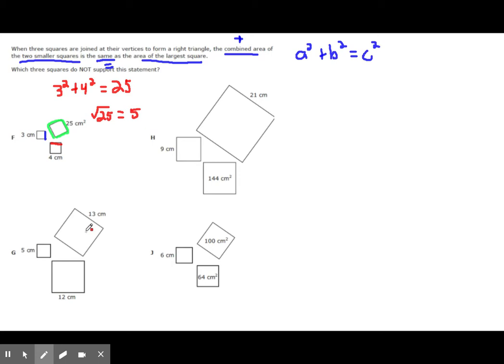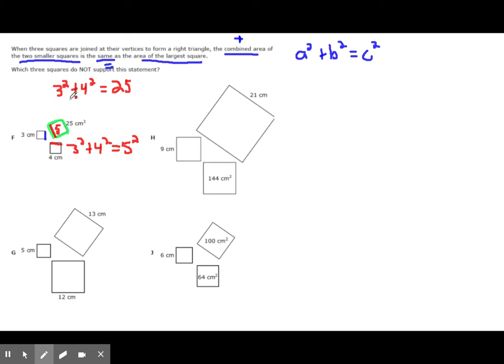So what that means is that one of these side lengths is 5 centimeters. So another way I can set this problem up would be 3 squared plus 4 squared equals 5 squared. Now let's solve them each way and see if we get the same answers.